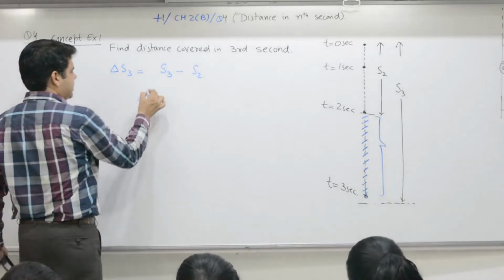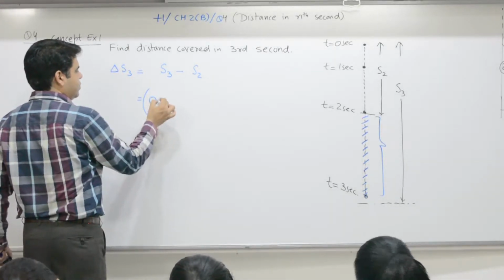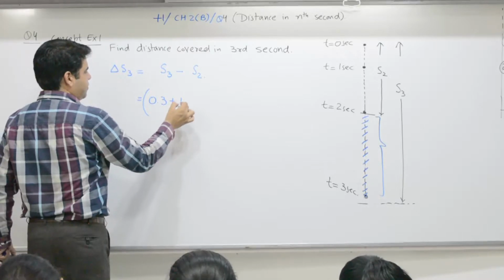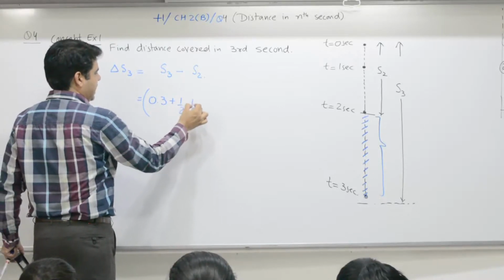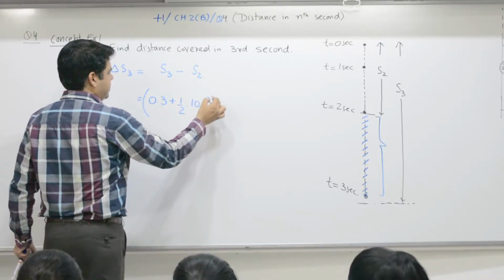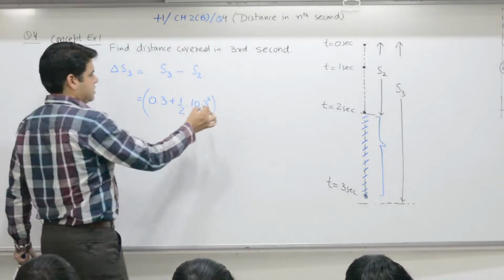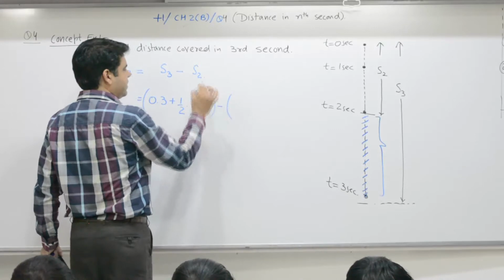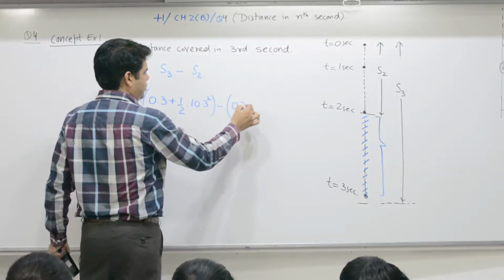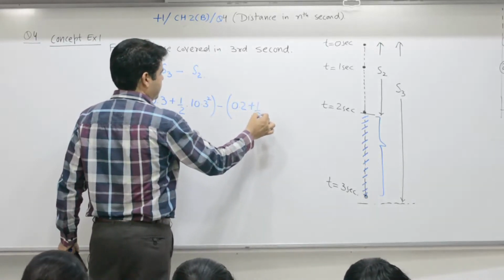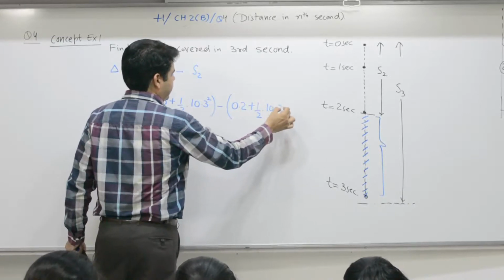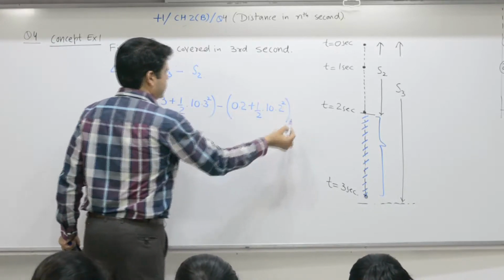Distance covered in 3 seconds will be u, which is 0, so 0 into t plus 1 by 2 a t square, minus distance covered in 2 seconds, 0 into 2 plus 1 by 2 a t square.